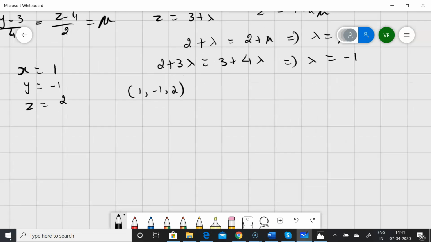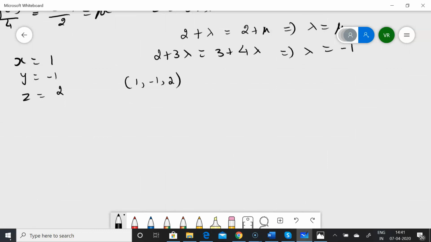Now, let us find out the equation of the plane. The equation of the plane is the determinant with rows x minus 2, y minus 2, z minus 3; 1, 3, 1; 1, 4, 2 equal to 0.